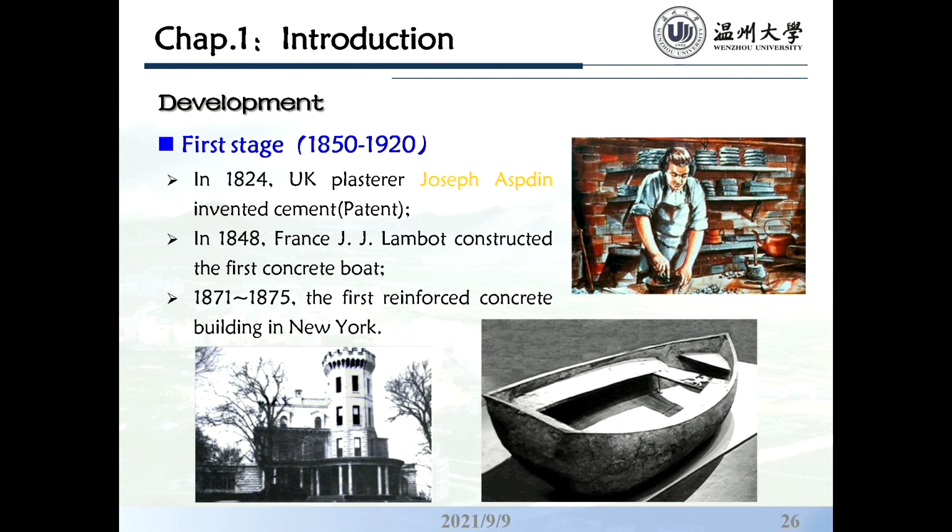Now we learn the principles of concrete. We need to know who invented cement. In the early stage, cement was not used in building construction, because before that we used wood, cutting trees, which is not friendly to the environment.